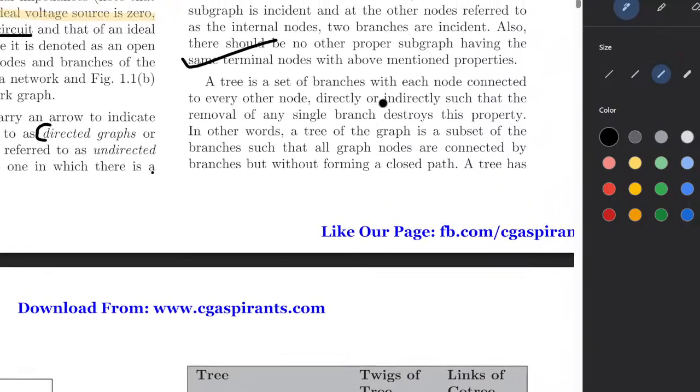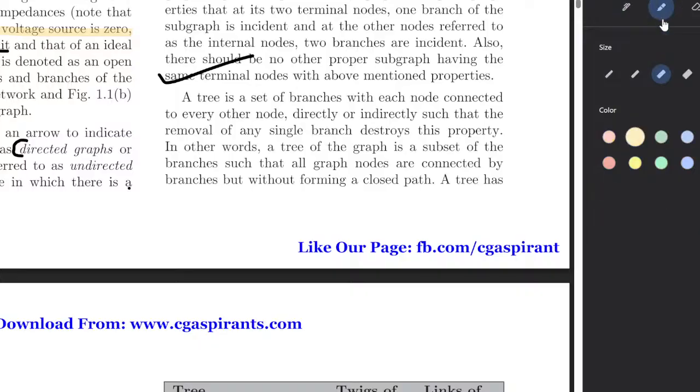A tree is a set of branches with each node connected to every other node directly or indirectly, such that the removal of any of the branches destroys the property. In other words, a tree of a graph is a subset of the branches such that all the nodes are connected by the branches without forming a closed path.